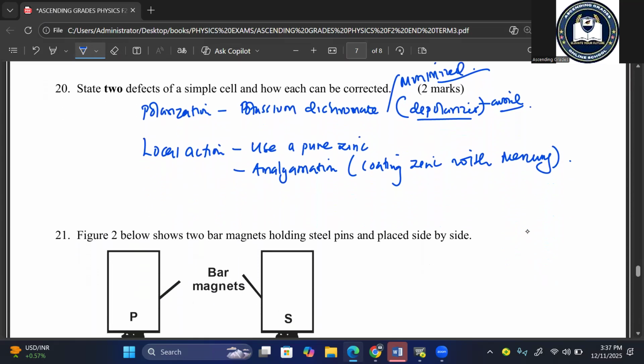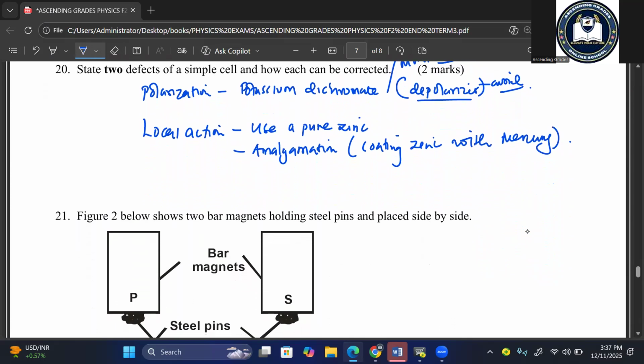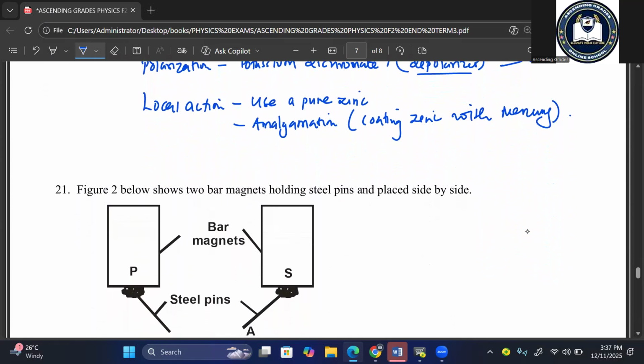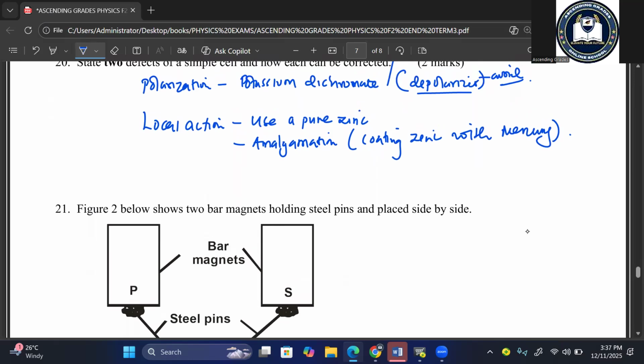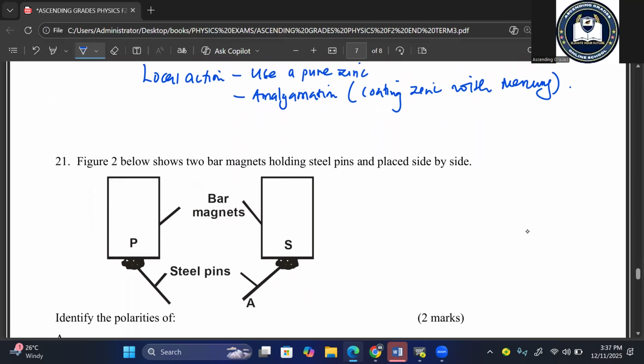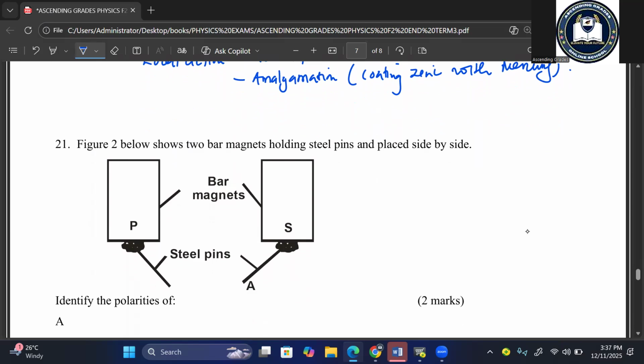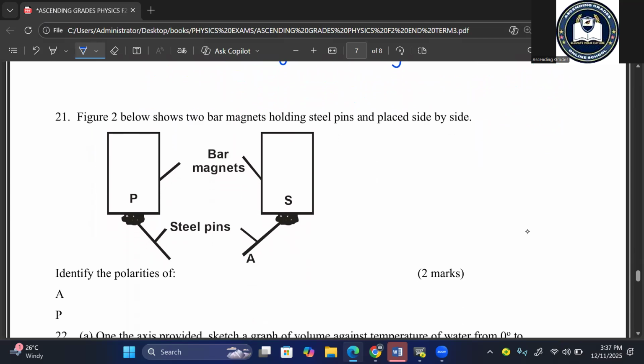Then we have the last question. The figure below shows two bar magnets holding steel pins and placed side by side. Then you ask, what will be the polarities of A and that of P?